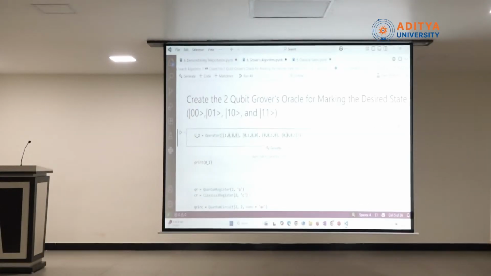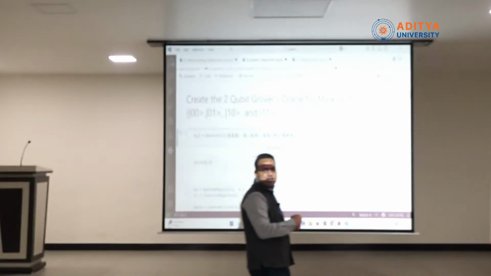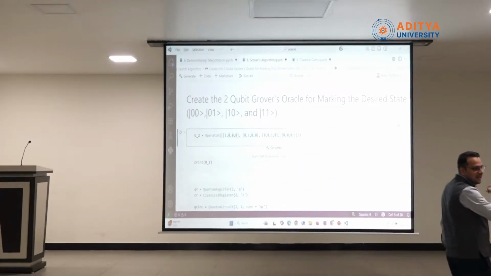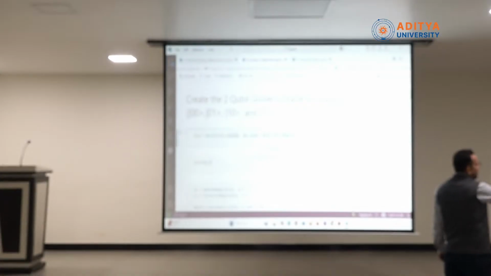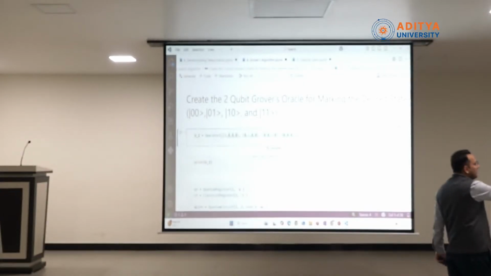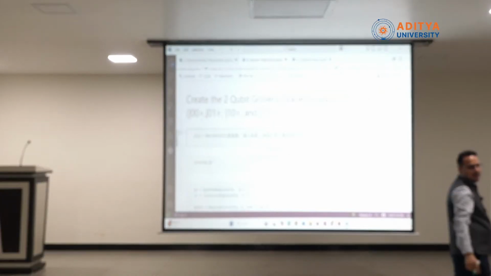This is nothing but the same as what these states are. How do we write these states as a vector? This is index number 0, so at index 0 put 1, and the rest are 0.